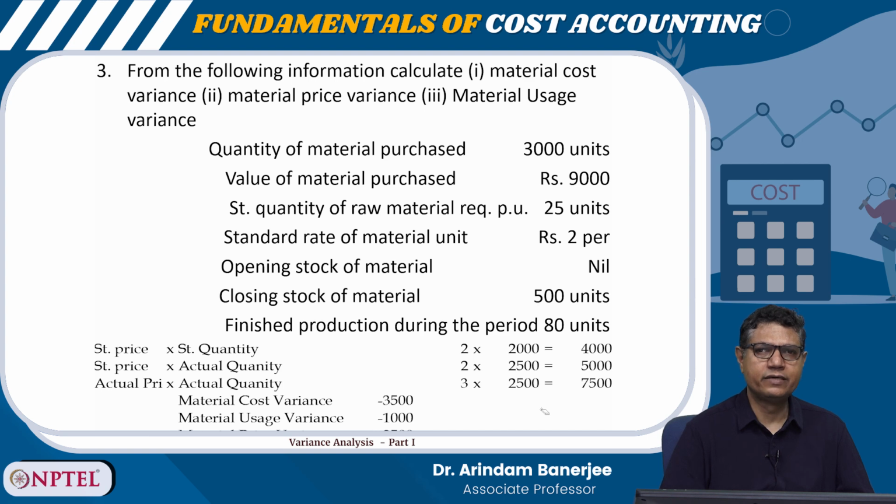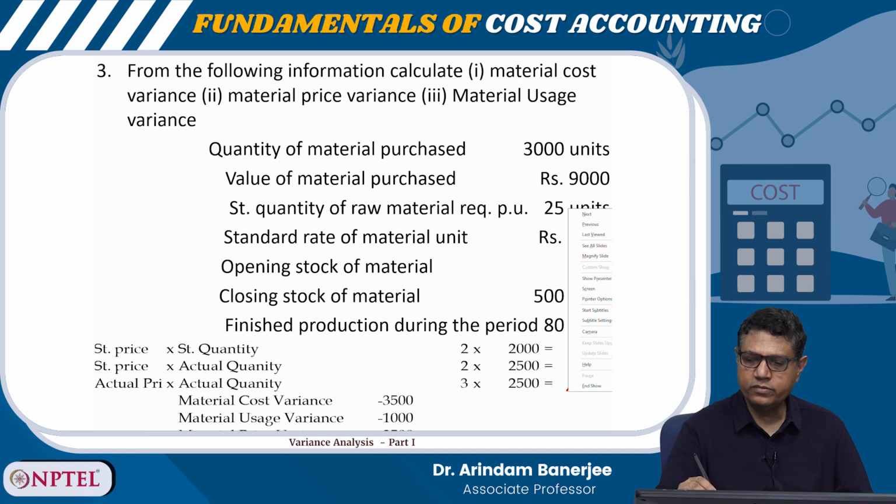So, I can calculate like this: standard price into standard quantity is 2 into 2000, that is 4000, and standard price into actual quantity is 5000, and actual price into actual quantity is 7500.